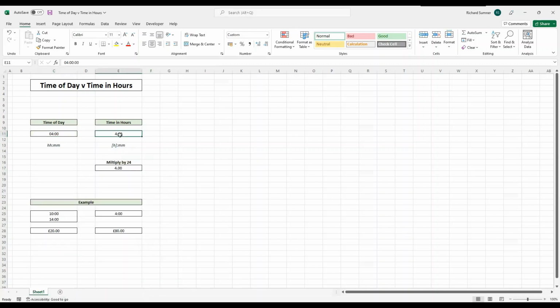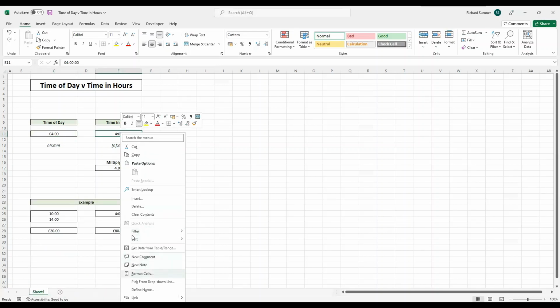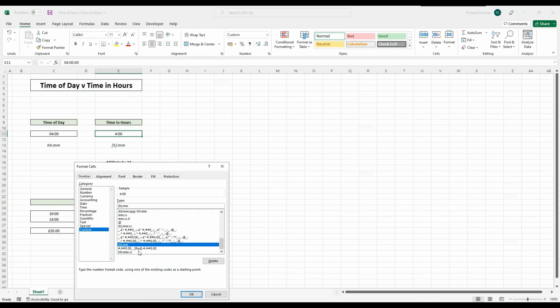Now, if I go to the other one and right click and go to Format Cells, and go to Custom again, this hour, minutes isn't actually there. But one that is there as a default is hour, minutes, seconds. If you select that one, then go just underneath Type and remove the seconds and those two points, then you get 4:00.